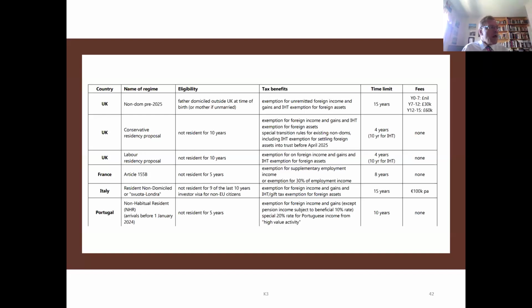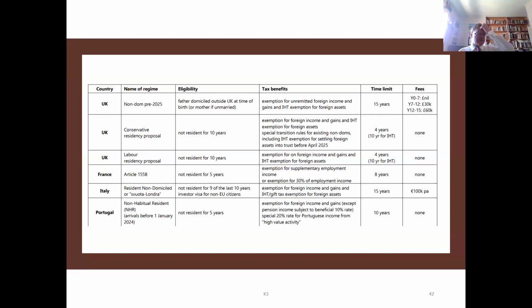The Conservatives under Jeremy Hunt announced changes to the domicile rules, which will become effective 5th of April 2025. With the general election, those rules have not been passed into law and have not been published, but effectively replacing the concept of domicile by a residency test, which means UK domiciles could qualify on this basis if they've been away for 10 years, and also limiting the relief to effectively 4 years with some transitional provisions, and 10 years for IHT.